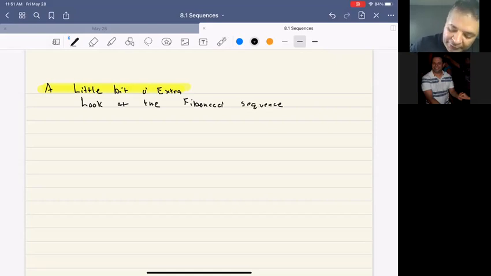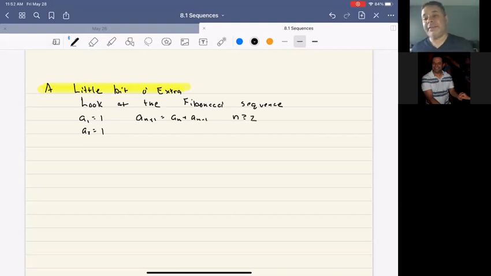A1 equals 1, A2 equals 1, A sub n plus 1 equals A sub n plus A sub n minus 1, for n bigger than or equal to 2. Now this is not convergent, definitely. It's divergent to infinity, obviously, right? Because it's going to keep growing.